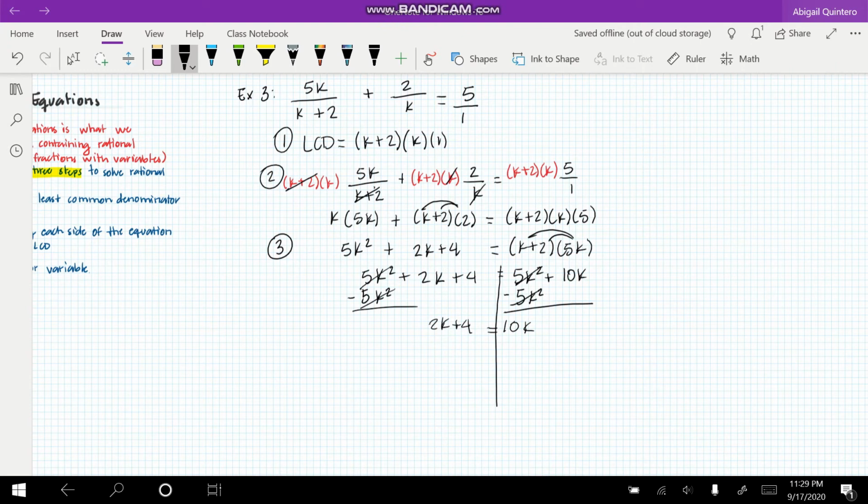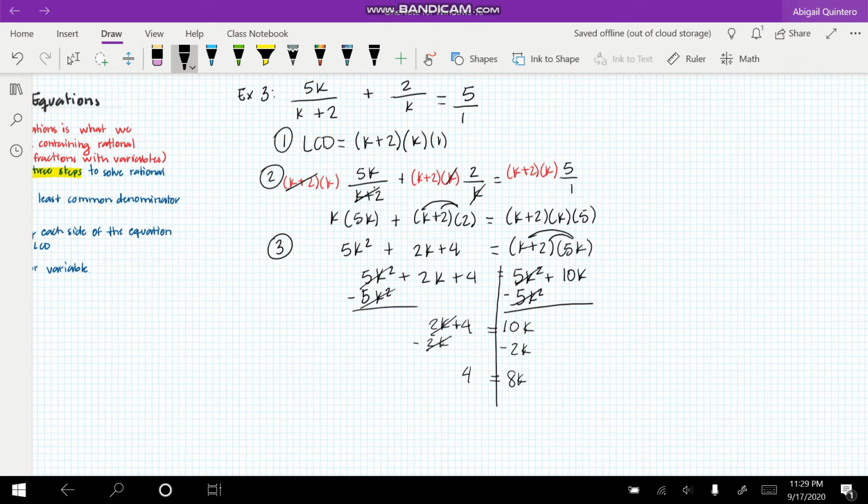So from here we're going to do what I mentioned in example 1. We want to move the term that has a variable with the lowest coefficient. In that case it is 2k, so I'm going to subtract 2k. So 2k and 2k are going to cancel out, and then I'm going to have left 4 equals 10 minus 2, which is 8k.